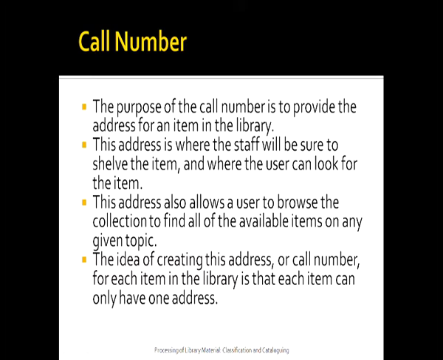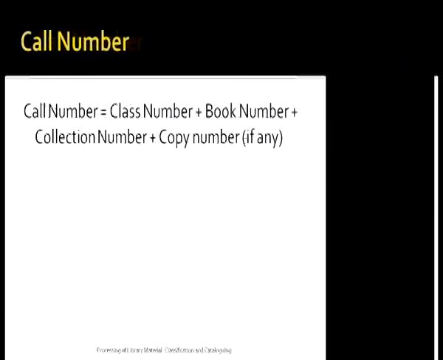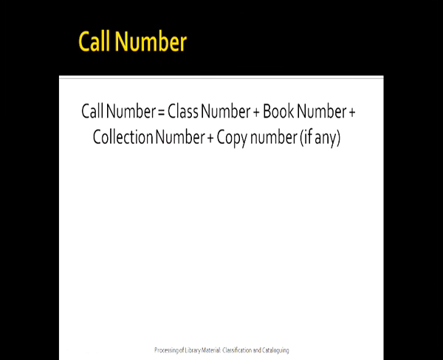This address also allows a user to browse the collection to find out the available item on any given topic. The idea of creating this address or call number for each item in the library is that each item can have only one address.